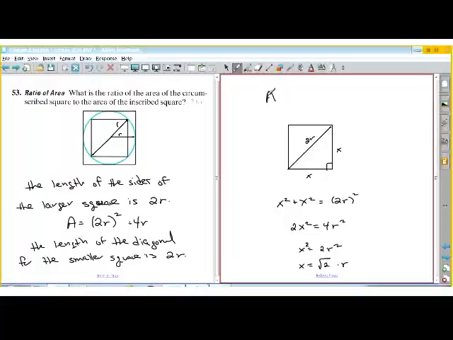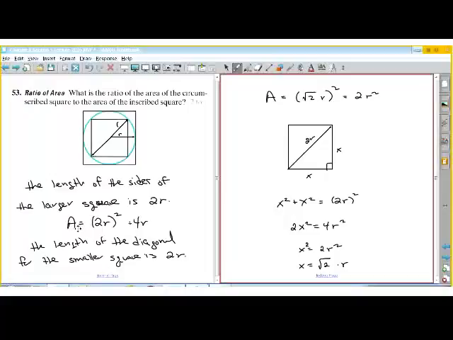So what I can say is the area of this smaller square is just equal to the square root of 2 r, squared, because each side has a length x, which is the square root of 2 times r. The square root of 2 squared is 2, and the square root of r squared is r squared.